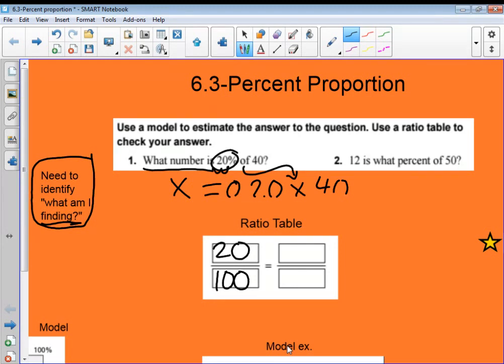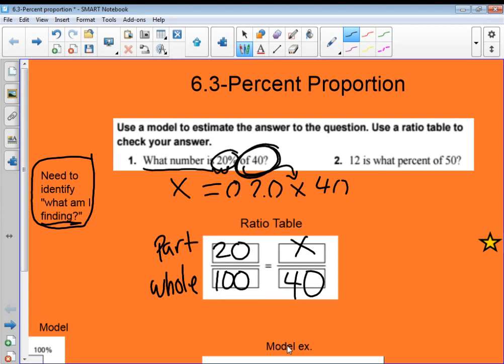The reason I know it's something over 40 is because of this "of 40." That "of 40" tells me that my 40 is my whole number. So this is my whole, and this is my part.